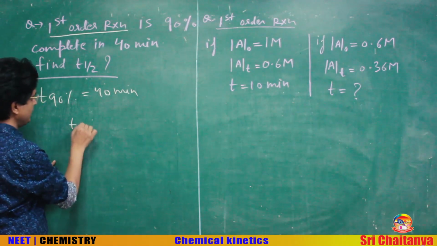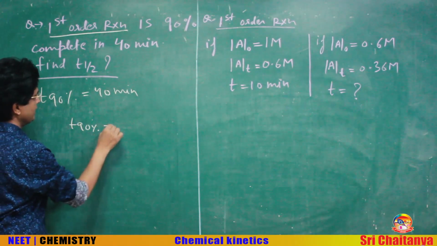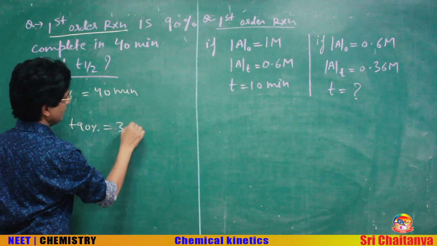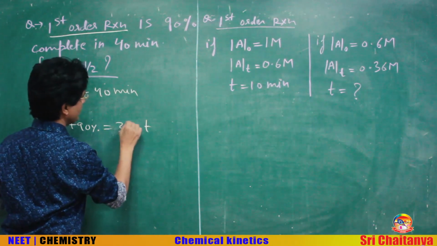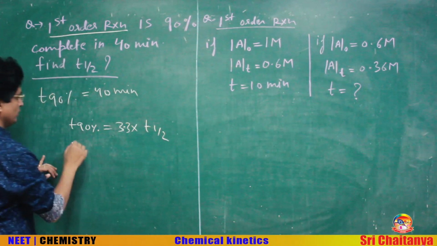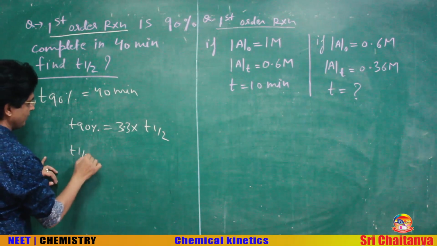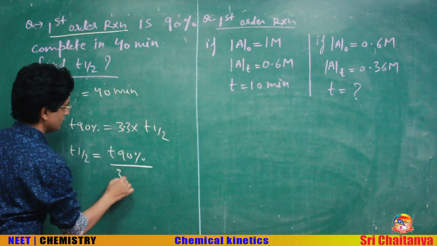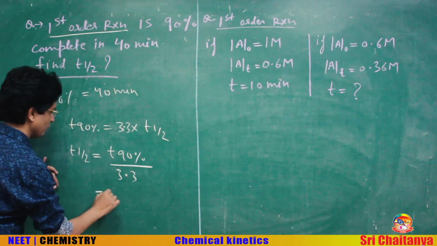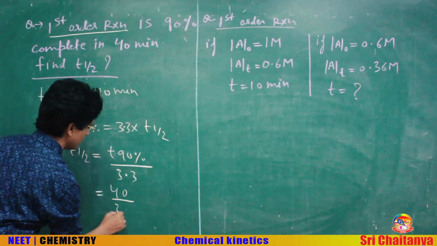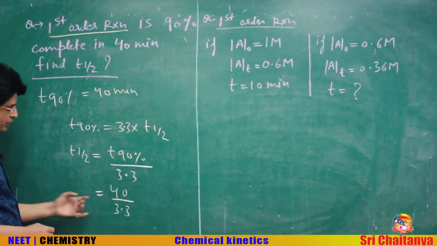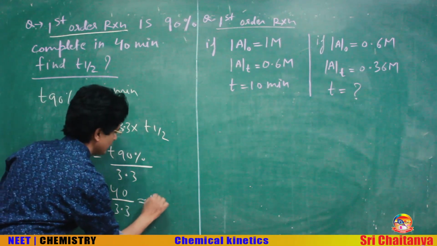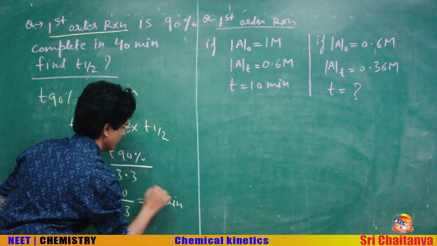You know that T 90% is equal to 3.3 into T half. So T half can be written as T 90% upon 3.3, and that will be 40 minutes upon 3.3, which will be approximately 12 minutes.